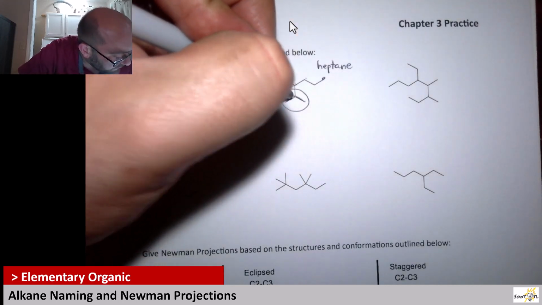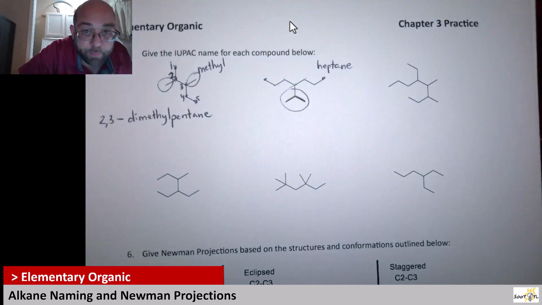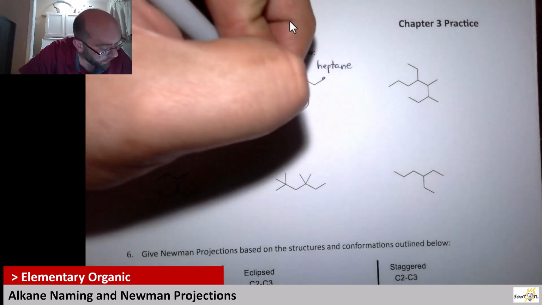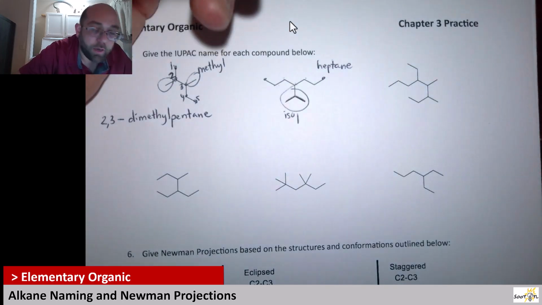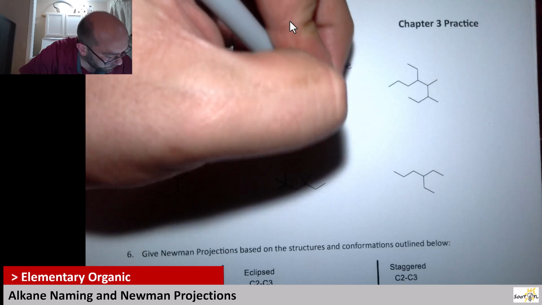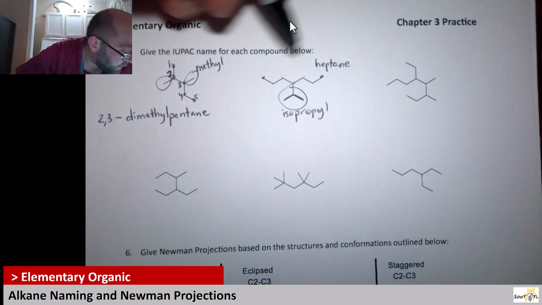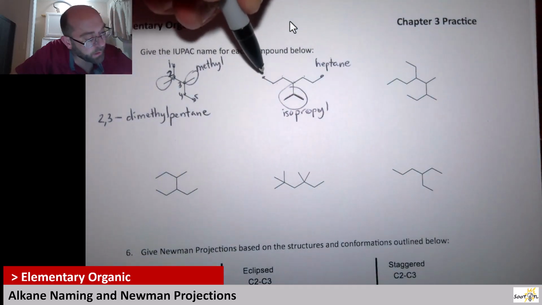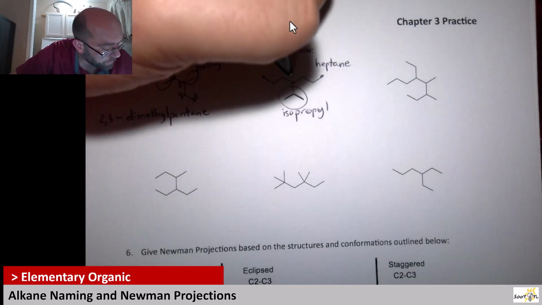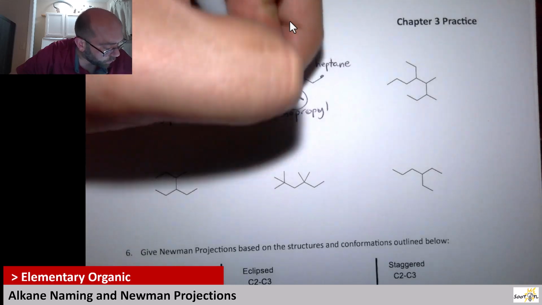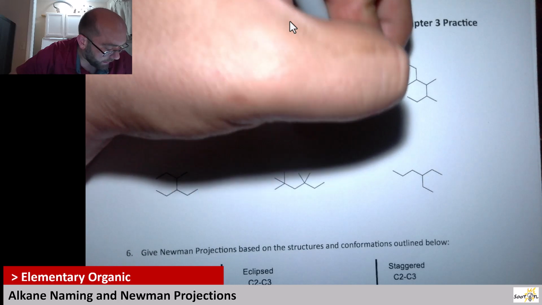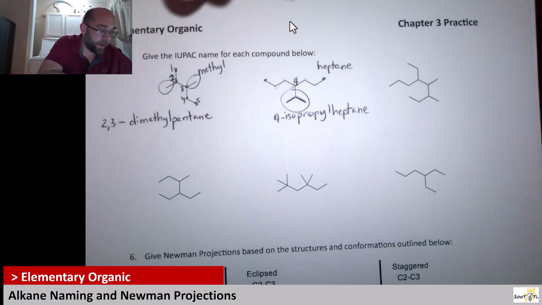So because it's connected in the middle, we would call this not propyl, but isopropyl. And to find the number, if we start at this end, it would be 1, 2, 3, 4. If we start at this end, it's 1, 2, 3, 4. So it doesn't really matter. So we'll just say 4-isopropylheptane. Okay, so there's our name.